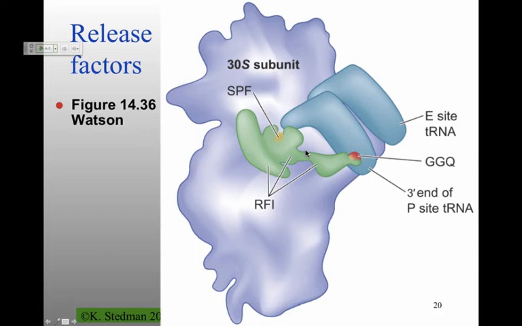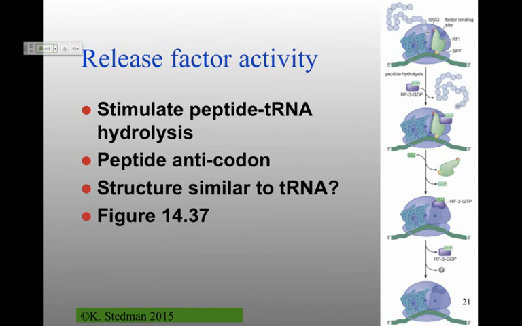So again, we've got our ribosome. It's all finished. The peptide's been released. How do we get everything off of it? Now, it turns out that this process is actually quite similar to elongation, only now we've got this protein stuck in the middle of the ribosome as opposed to the tRNAs, which are in there.